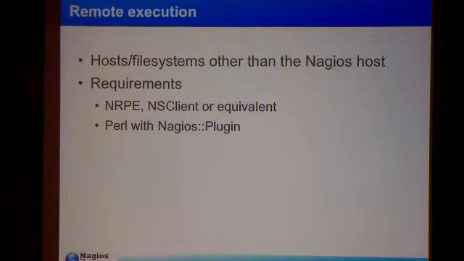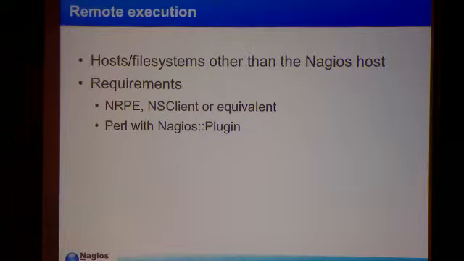If you're running this on another host, which I tend to do, on whatever host the system is, you then use NRPE to access that from Nagios. Everything works the same way. So this plugin can either run on the Nagios host or on a remote host with one of these libraries or Nagios clients installed.